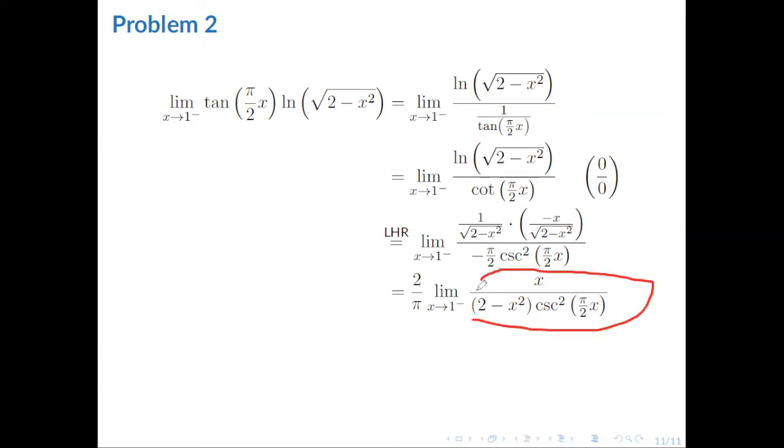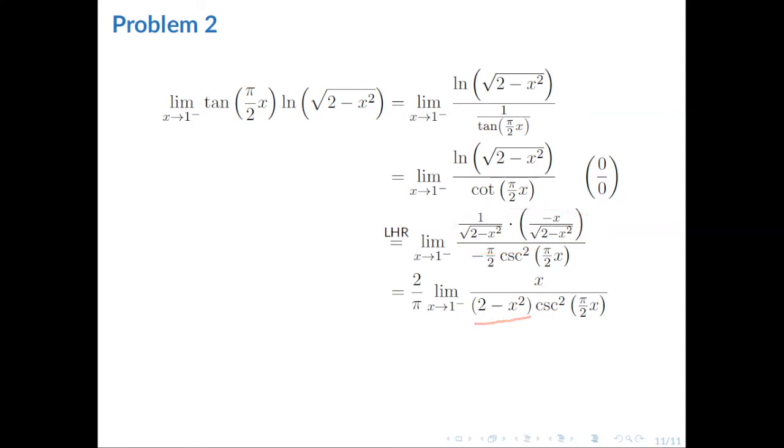Kung hindi nyo ma-figure out saan nanggaling yung 2 minus x squared, nanggaling siya dito sa taas. Kapag minultiply natin to, maka-cancel out yung square root. And dahil nasa denominator siya ng numerator, ibababa natin siya dito.